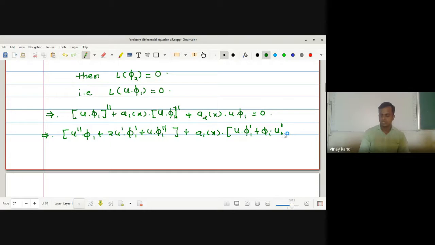So this is u dash, plus a2 of x into u into phi 1, which is equal to 0. Any doubt up to here?